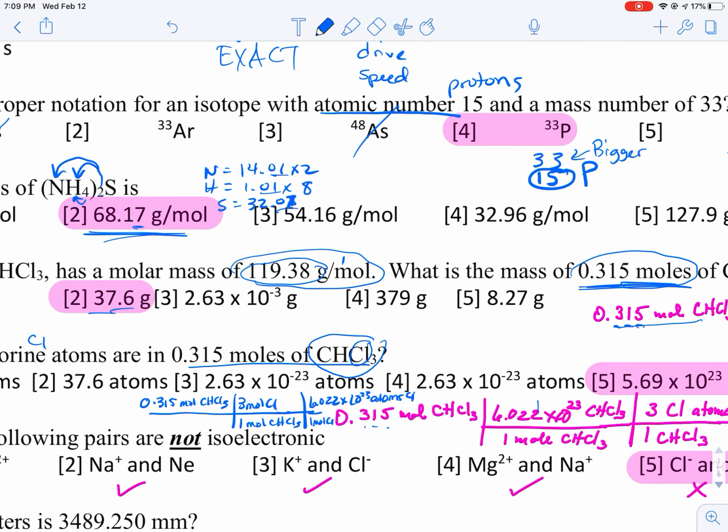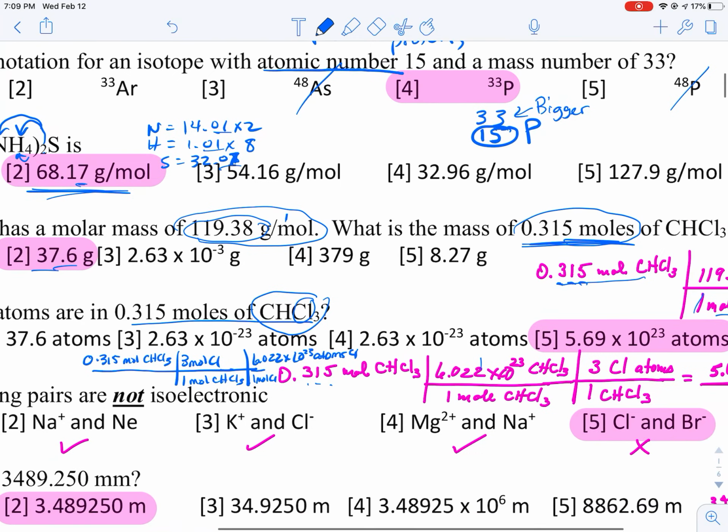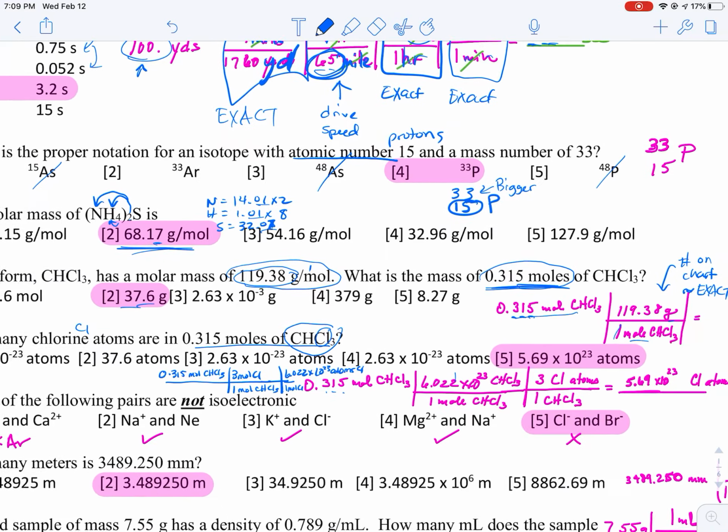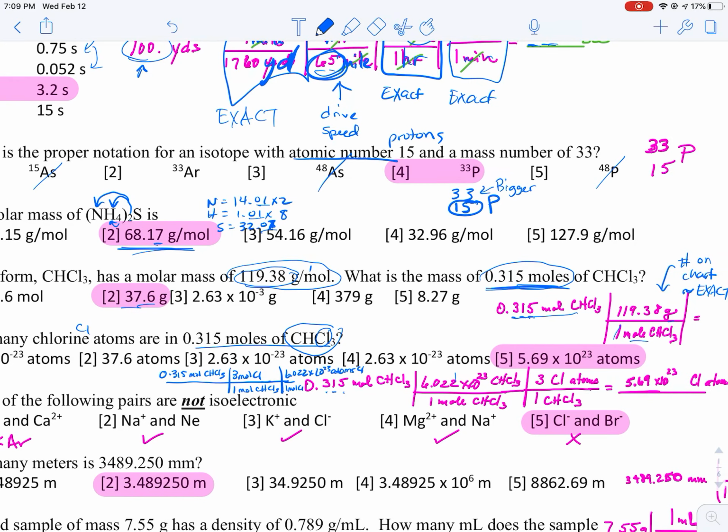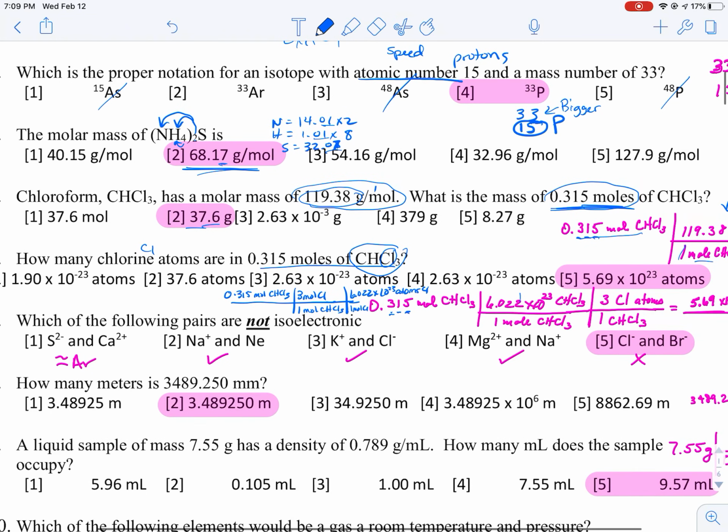You can do it either way. I just usually do this conversion on the mole step. And the 0.315, this is also telling us our sig figs. It should have 3 sig figs. I'd be really suspicious if you ever end up on any chemistry test with just 1 sig fig, because it's hard to grade tests that only have 1 sig fig.